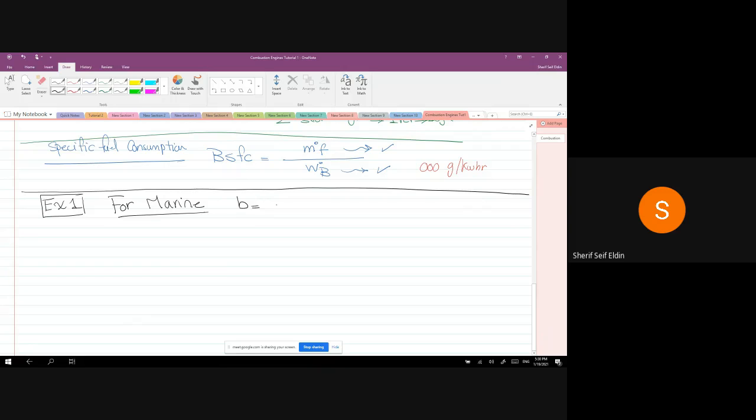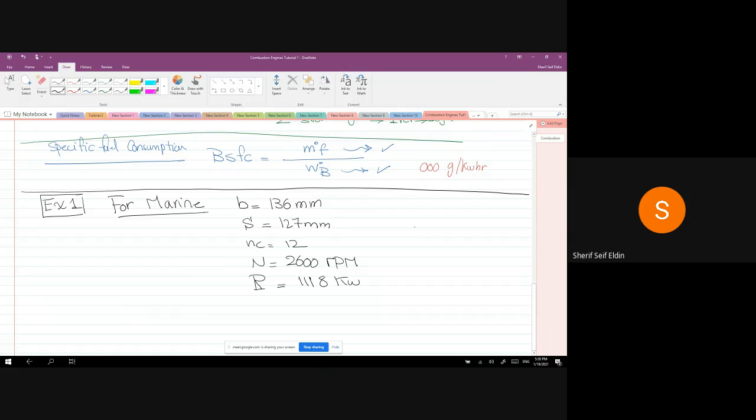So the bore was 136 millimeters, the stroke is 127 millimeters, and the number of cylinders was 12. The RPM was 2600 revolutions per minute, and brake power was 1118 kilowatts.